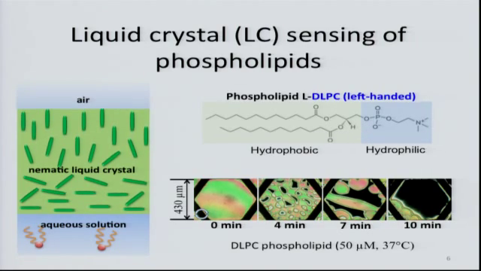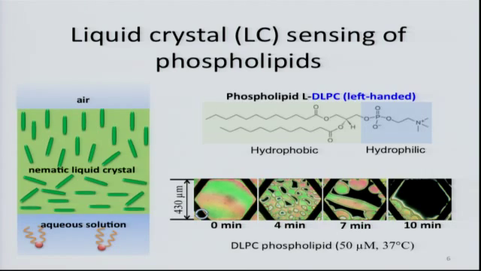And then when these phospholipids start binding, we will see that dark spots start appearing and they grow in time. And those regions indicate where the liquid crystal molecules locally become vertically reoriented.